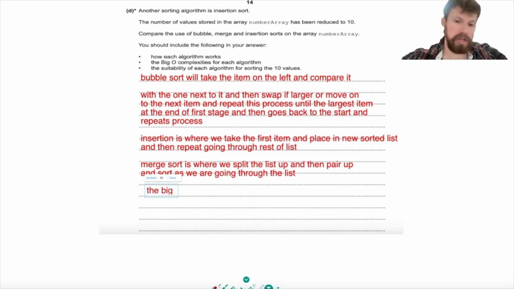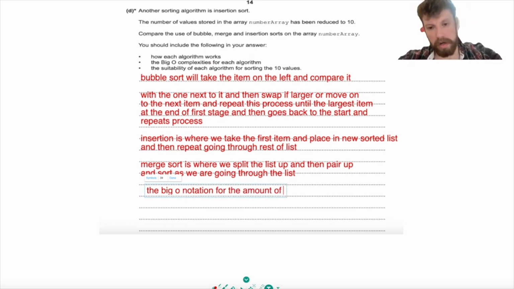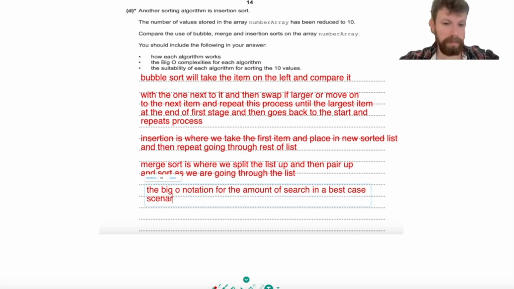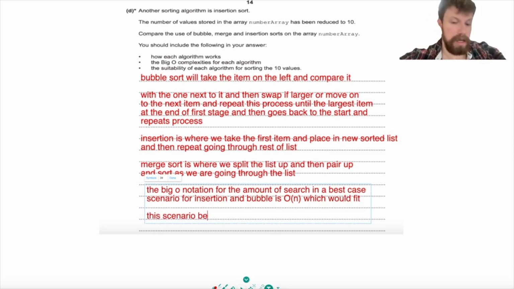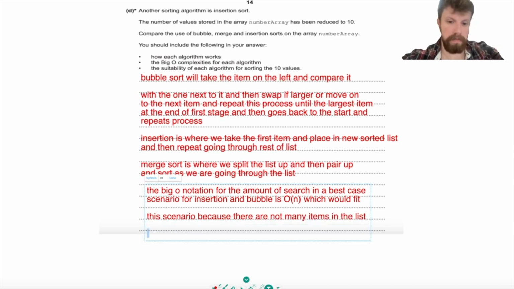So I'd even make that point, and maybe you can make that later on. This is obviously the application part now: the big O notation in a best case scenario for insertion and bubble is going to be O(n), which would fit this scenario because there are not many items in the list.